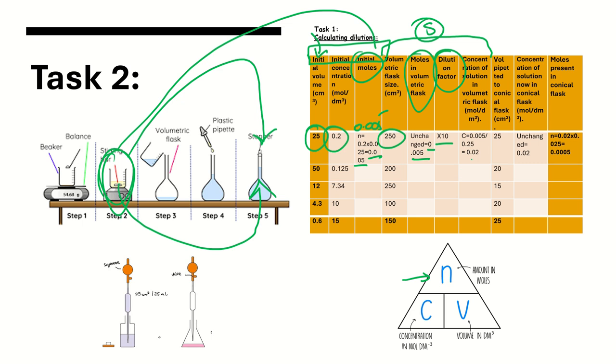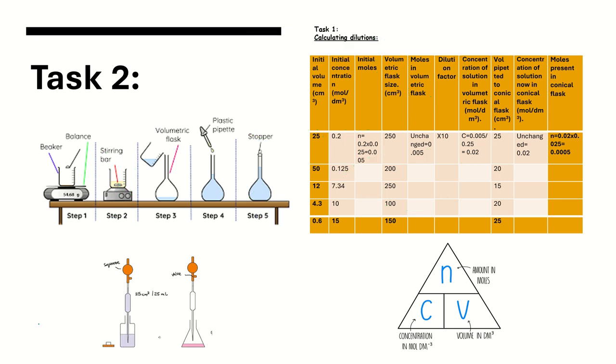Therefore the new concentration is the old concentration, which is 0.2, divided by 10, so of course 0.02. Right, so that's that. Let me tidy this up. Now we're going here to here, which is this part.